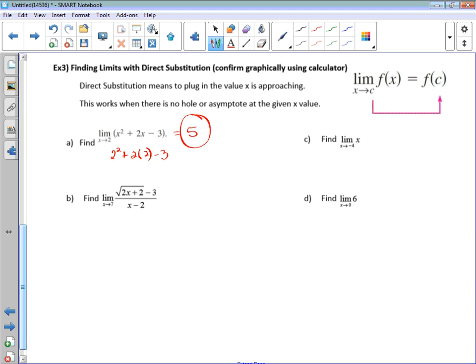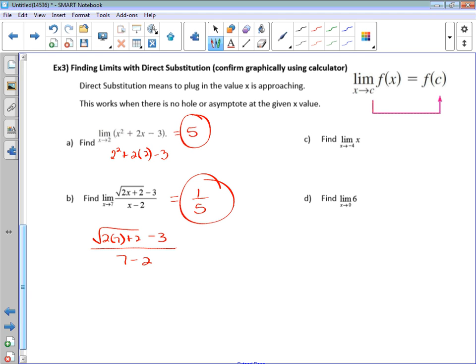All right, so letter B, what do I do? Can I plug in 7? It works fine, yeah. Letter C. Plug it in.